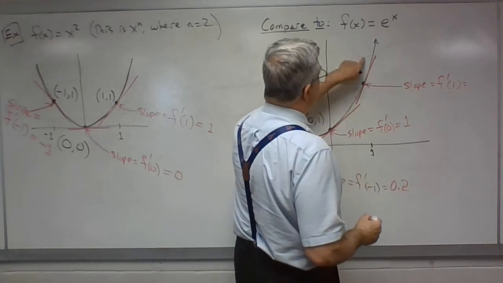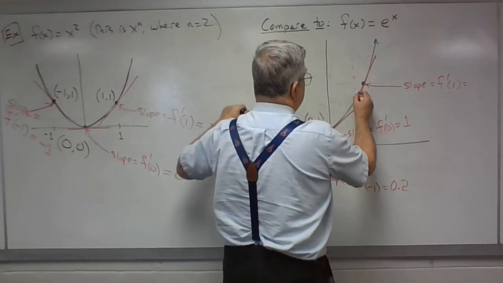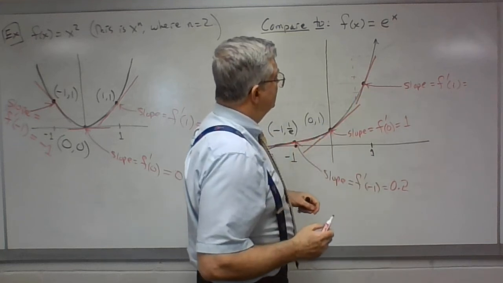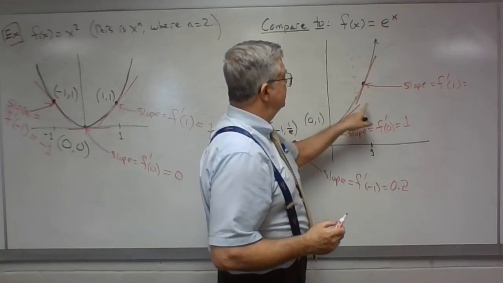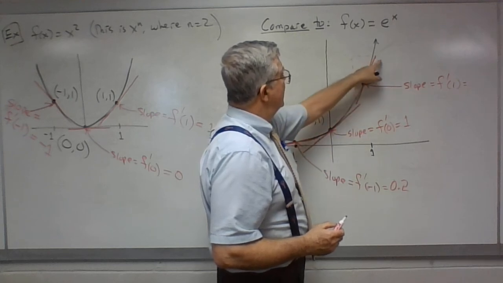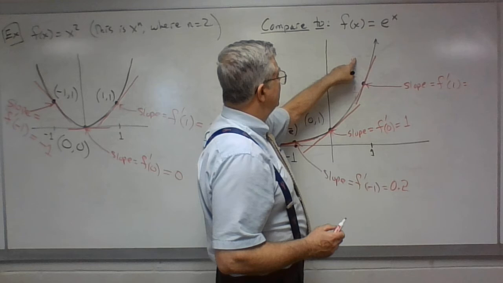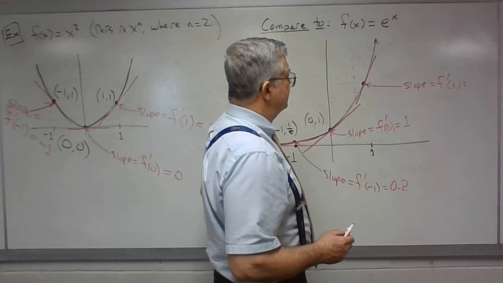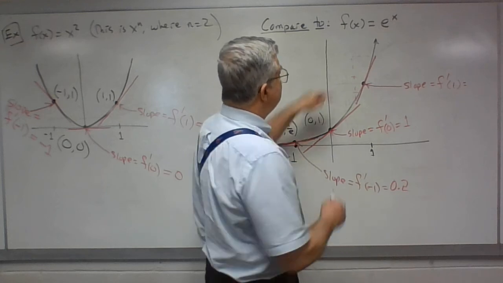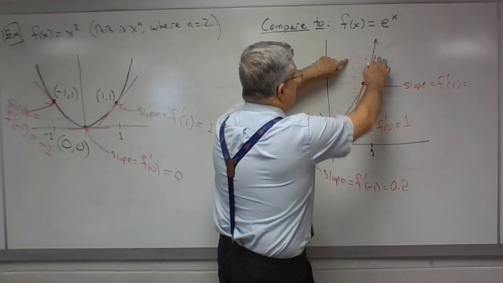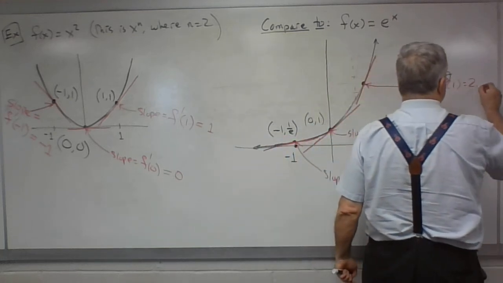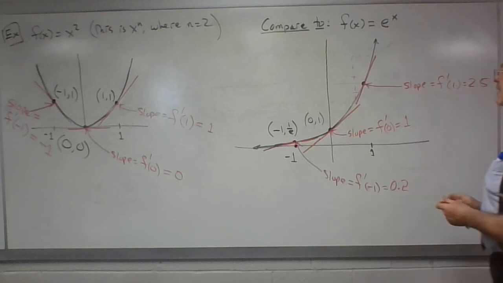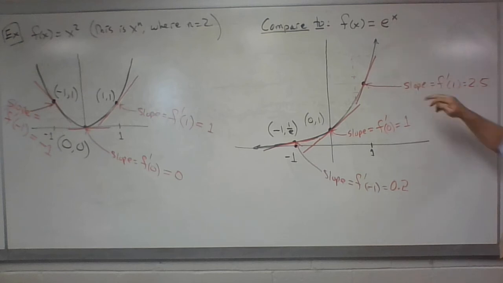Let me call this 1 unit. So that's a unit, that's a unit. If I go from here on the tangent to here on the line tangent, I go over -1, and then I go down -2.5. So the change in y is 2.5, the change in x is 1. So when x equals 1, the slope of e to the x is approximately 2.5.